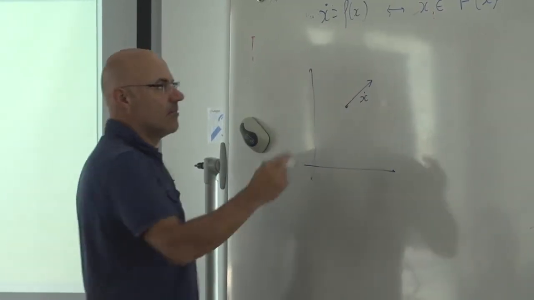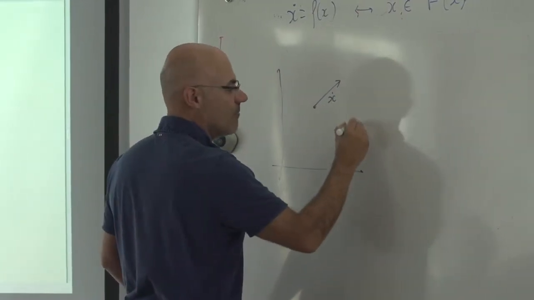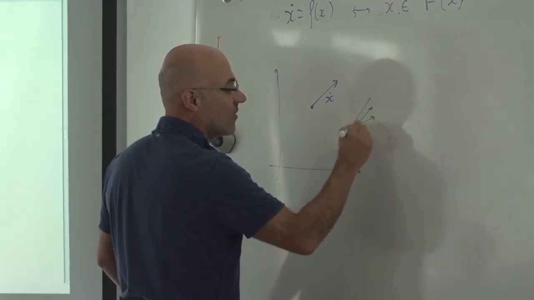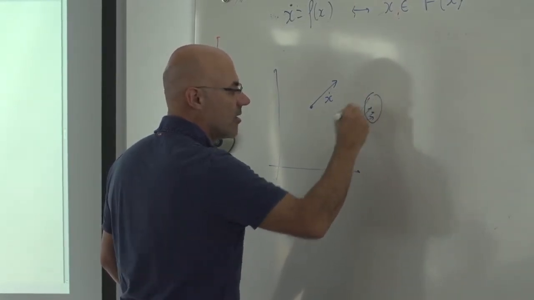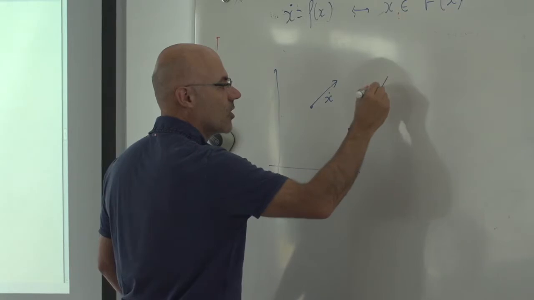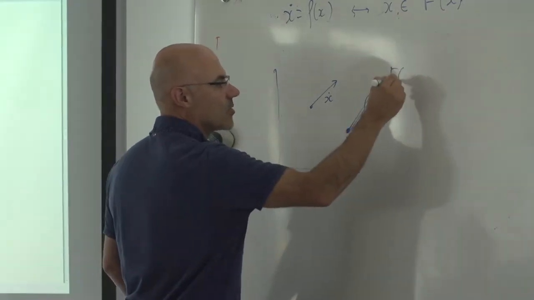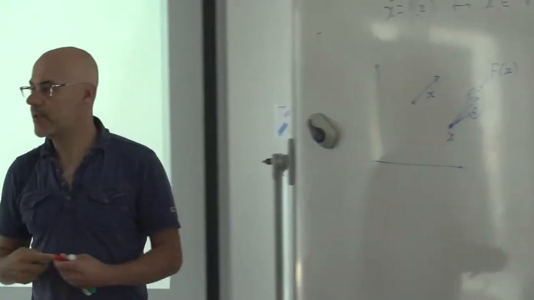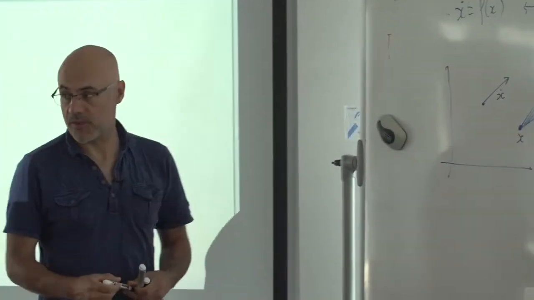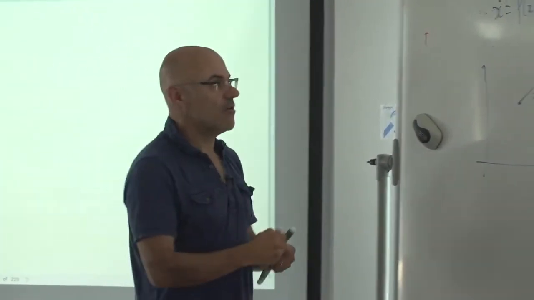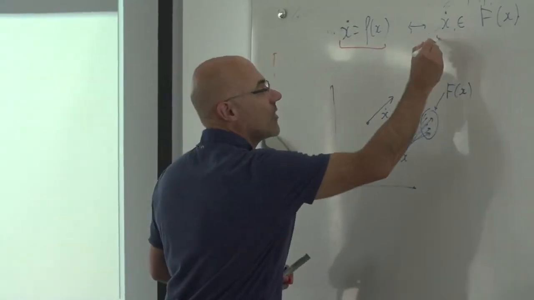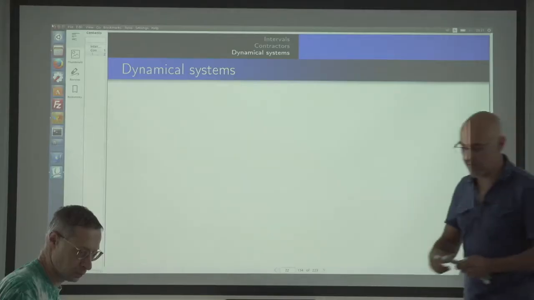But in this case, you have a set of possible evolutions for x, which is here, and this corresponds to F of x. Here we'll try to prove some properties to have guaranteed methods for both of them. It's very similar, the same kind of methods.